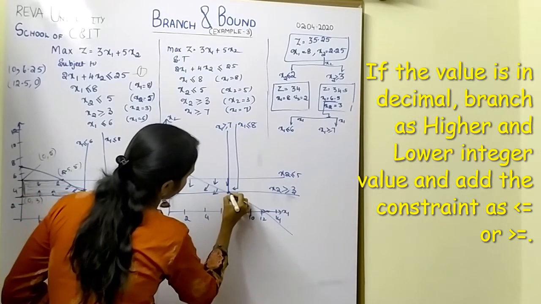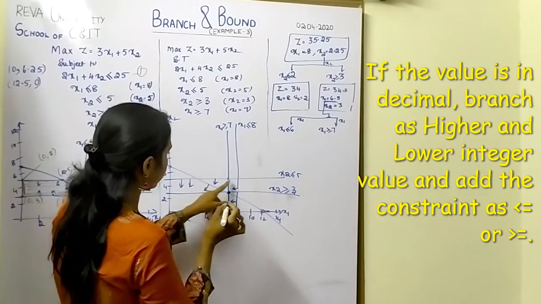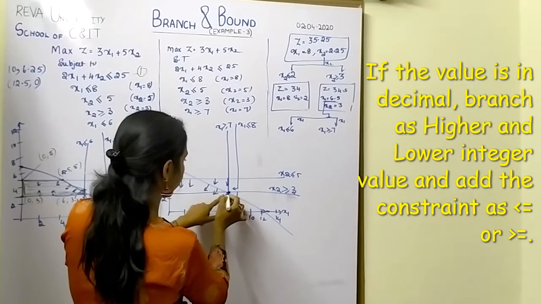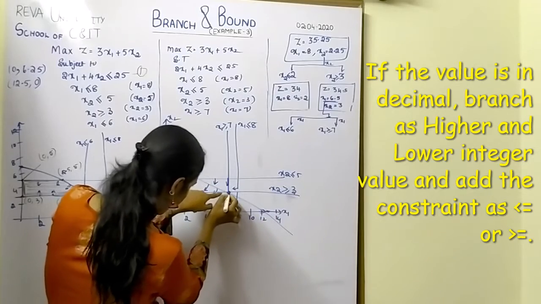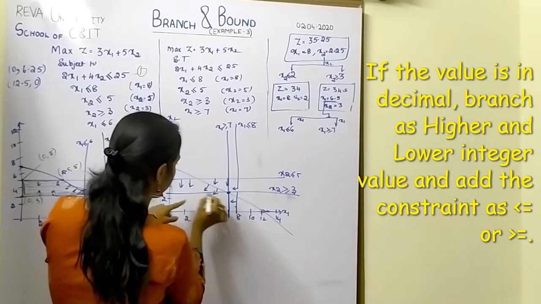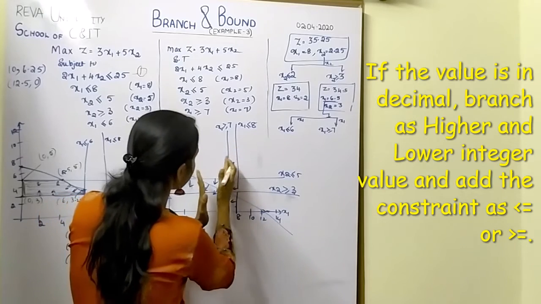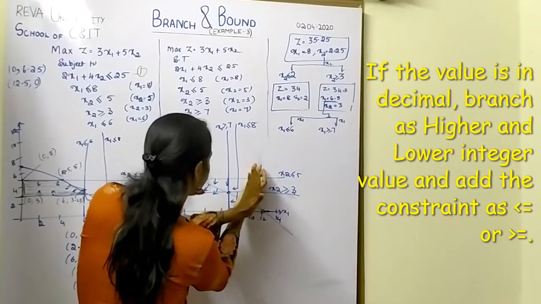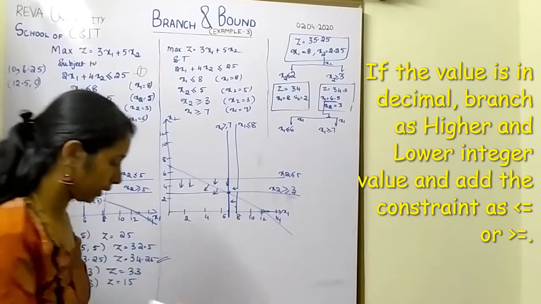Only the point here. You will get only this point. Why? x2 is less than or equal to 5, and it should be greater than or equal to 3. x1 should be greater than or equal to 7, and x1 should be less than or equal to 8. So you will get only one intersecting point here.